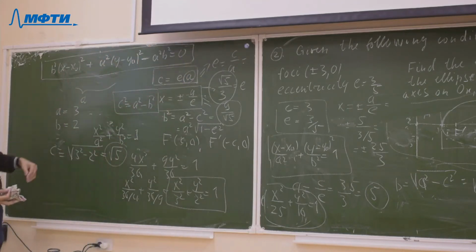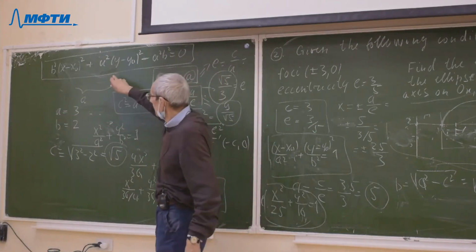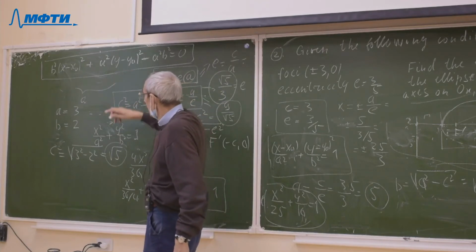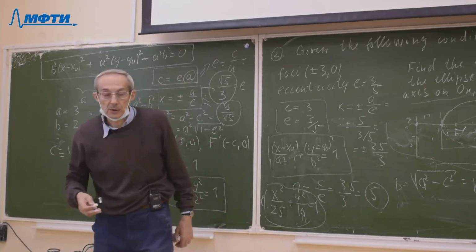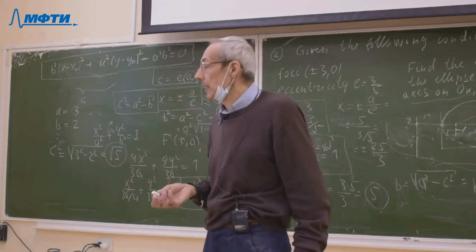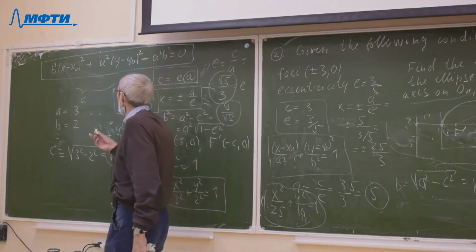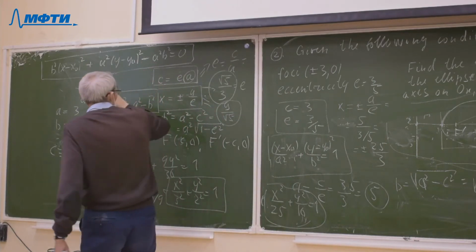We have also the equation of the ellipse, but if we have the equation of an ellipse in such form and we need to find foci, directrices, or center, we must transform this equation to the canonical form.